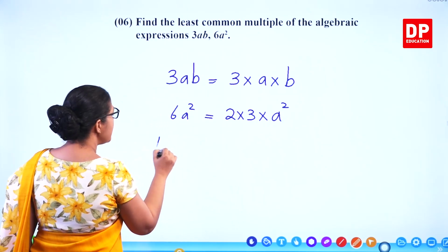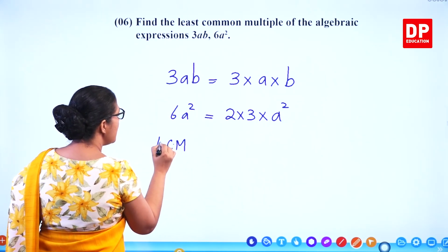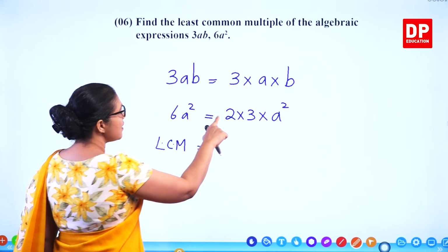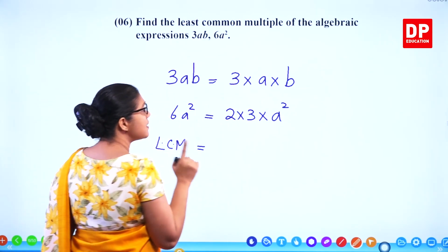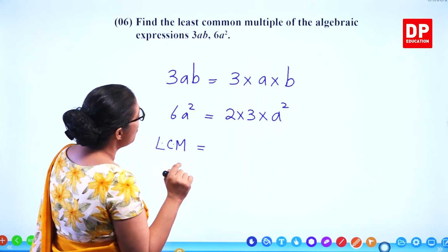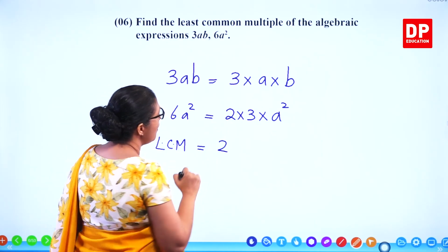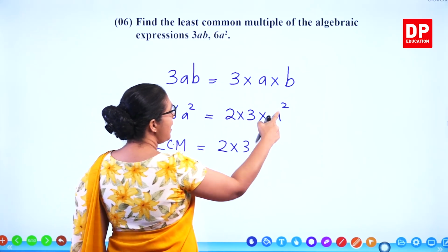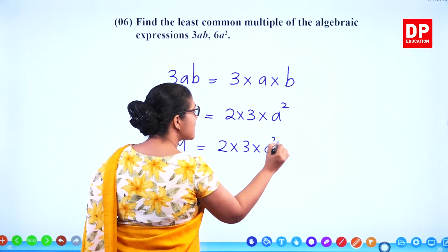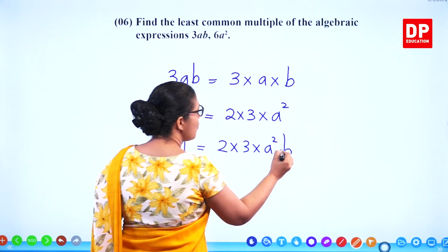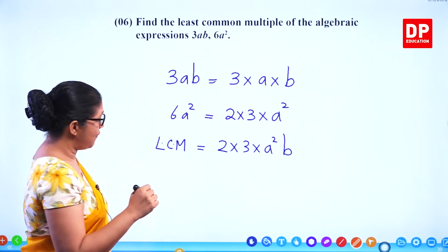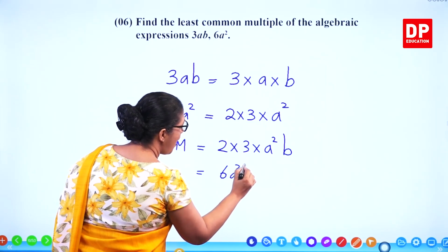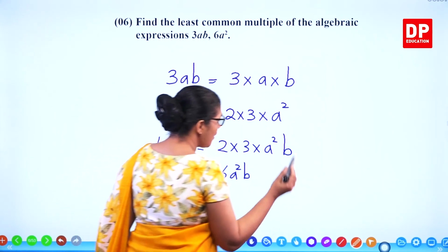So when you are finding the lowest common multiple, you take the distinct factors with maximum power. So 2, that's power 1. 3 also power 1. A, you can take a squared, that's the maximum power. And you have to take b. So what's the final answer? 6a squared b.